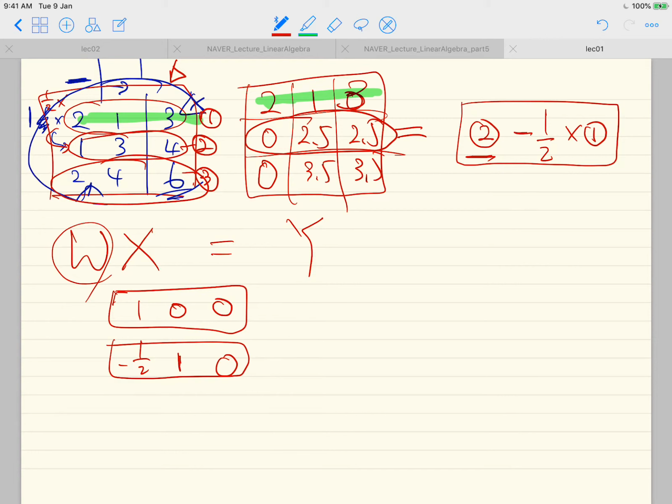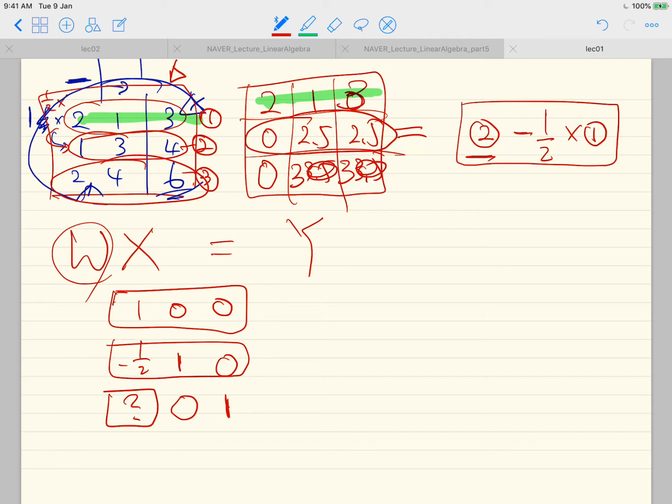And the third row is 1 and 0. And what is the value over here? Should have been 3. Right? Where is this number?